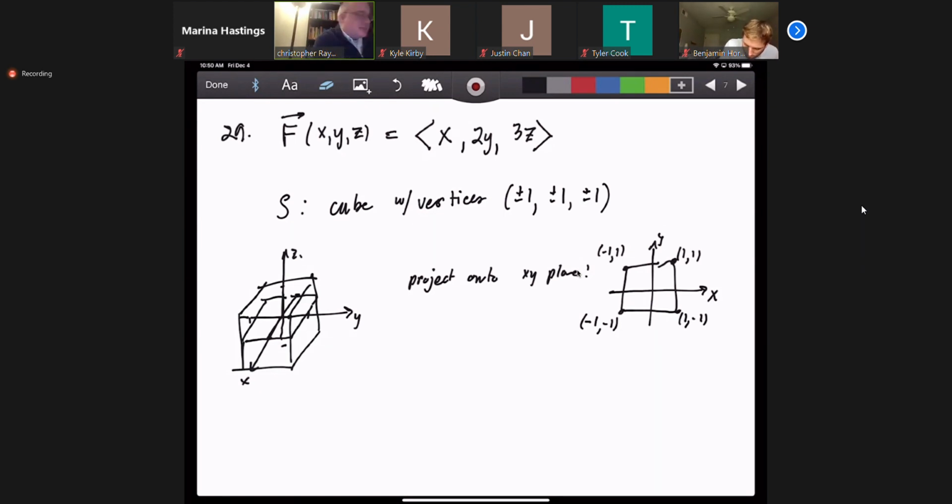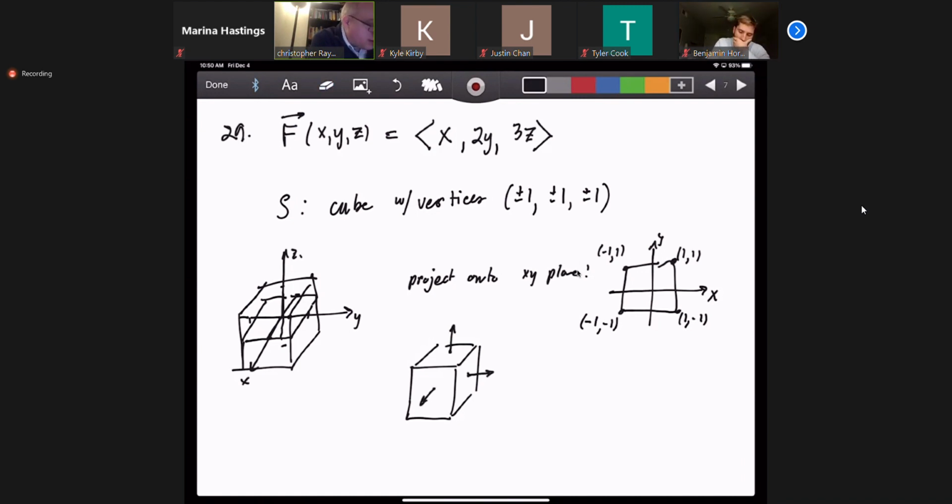Now notice when you have a cube, right, you've got corners and edges, right? It's going to be very difficult to try to come up with a parameterization that gives you the whole cube, but you don't have to. You can divide this up into the faces of the cube, and on each face, you've got a normal direction, right?